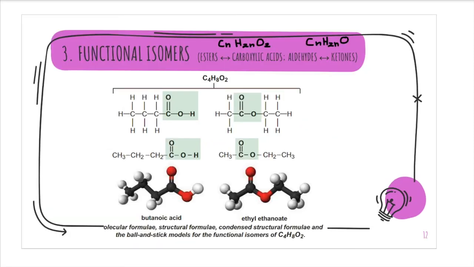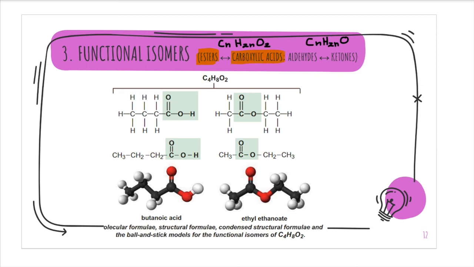Let's now look at the last type of isomer called a functional isomer. Functional isomers have the same molecular formula but belong to different homologous series because they have different functional groups. We find that generally esters tend to form functional isomers of carboxylic acids.